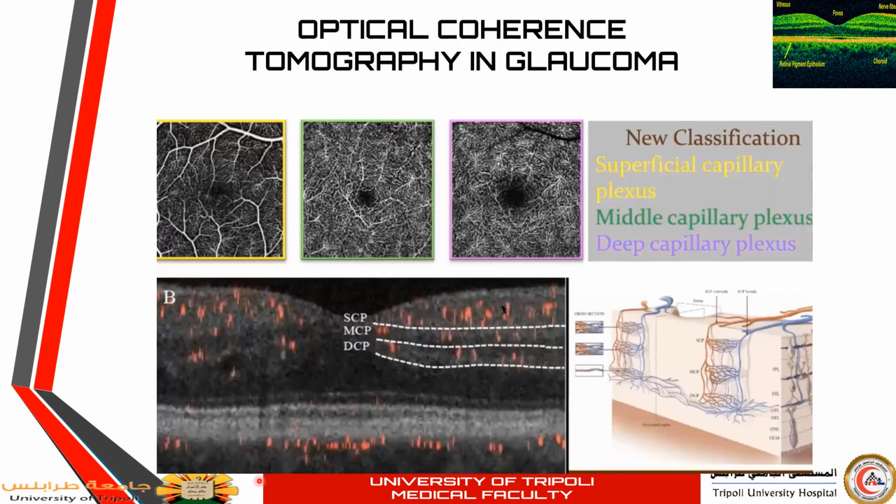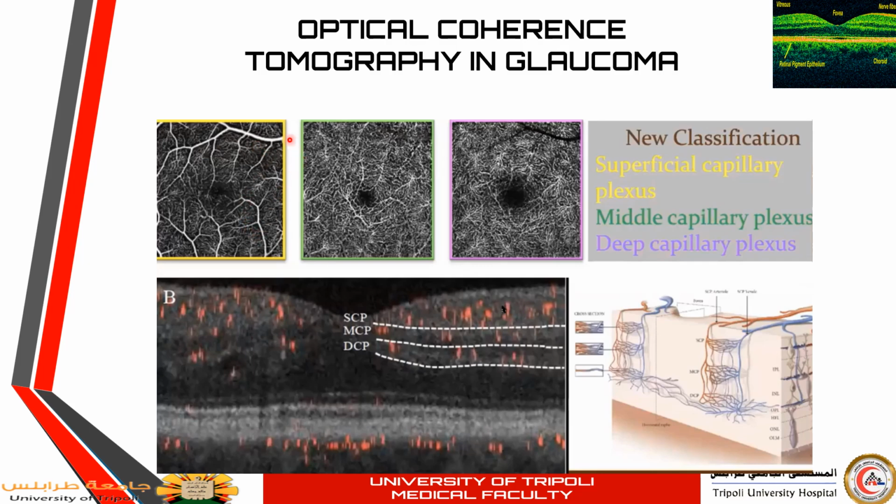As I mentioned earlier, we have three capillary plexus: the superficial, intermediate, and deep capillary plexus. This is a schematic representation of how the plexus appears and how the vertical connections between the three plexus appear, and this is what you are going to see in the OCT. The first one is the superficial capillary plexus. This is what you will see with OCT angiography: the large blood vessels and veins.